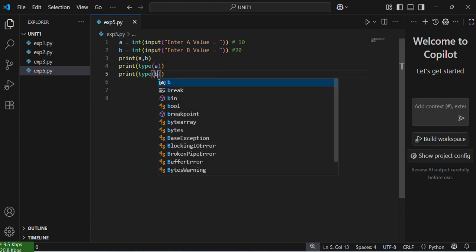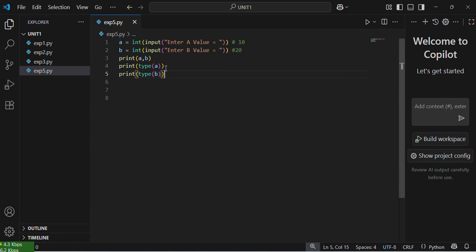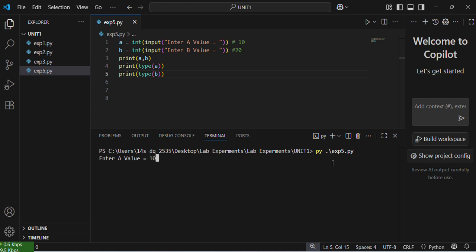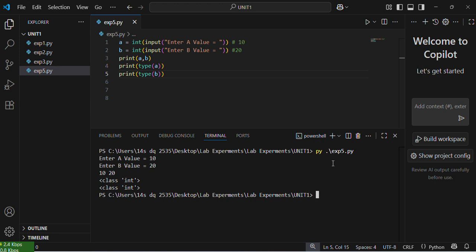Before converting, I cross-check whether it is a complex, floating or integer number. Run the Python program: a is 10, b is 20. 10 and 20 are integer values.